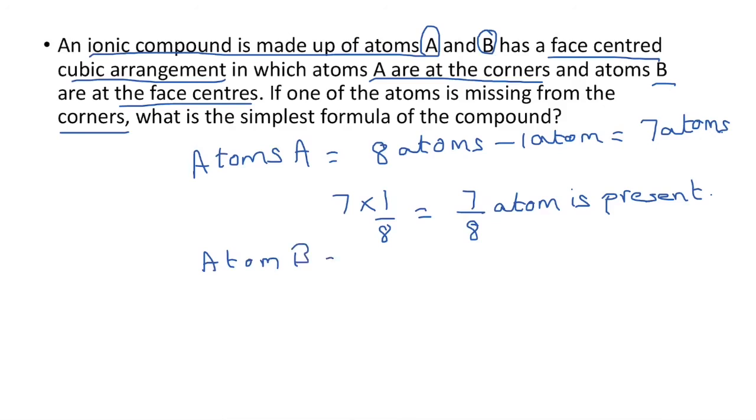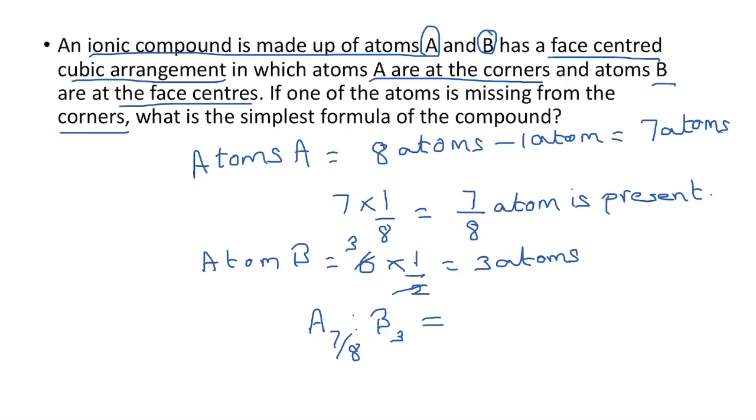Face center means 6 faces, so 6 into contribution half, so 3 atoms are present. Now A is 7 by 8 and B is 3. A is to B. Now the formula would be A7B24.